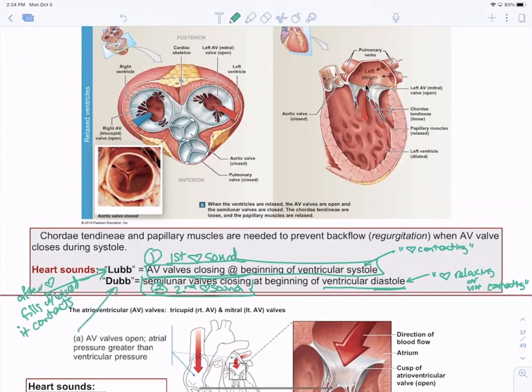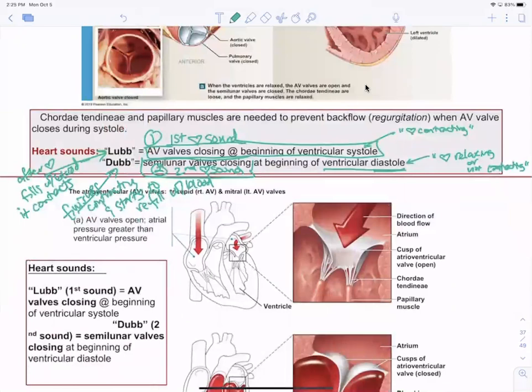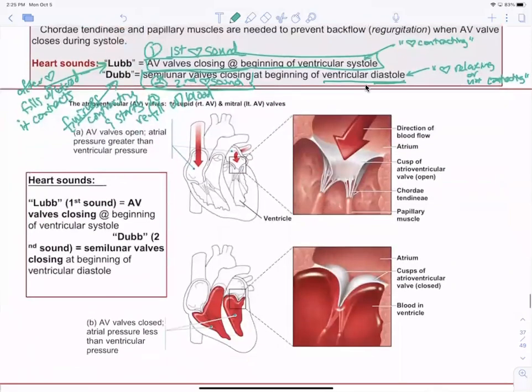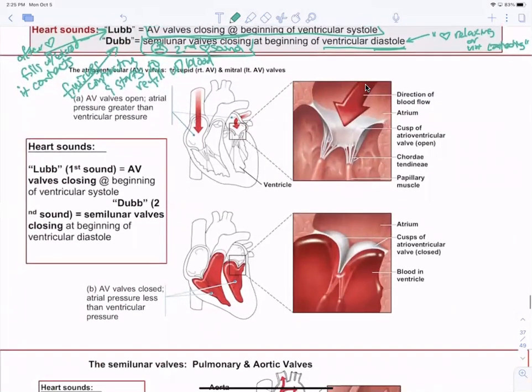When it finishes contracting and starts to refill with blood, you hear the semilunar valves closing. And so you know that you've had one heartbeat. When you hear the AV valves close, then the semilunar valves close, we call that one heartbeat. It's one round of filling the heart with blood, contracting, pushing that blood out, and then starting to refill again.